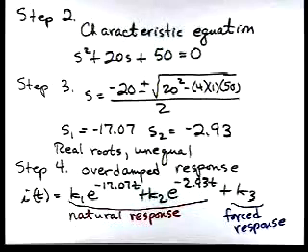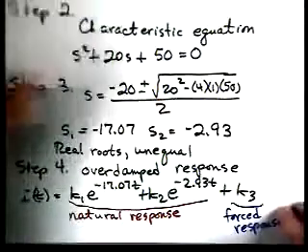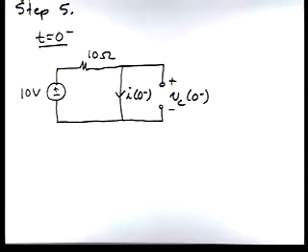So now, our challenge is to go through and find values for K1, K2, and K3. So here we're at step 5. Let's now start at t equals 0 minus. Here's our circuit at 0 minus. The inductor's been replaced by a short, the capacitor by an open.